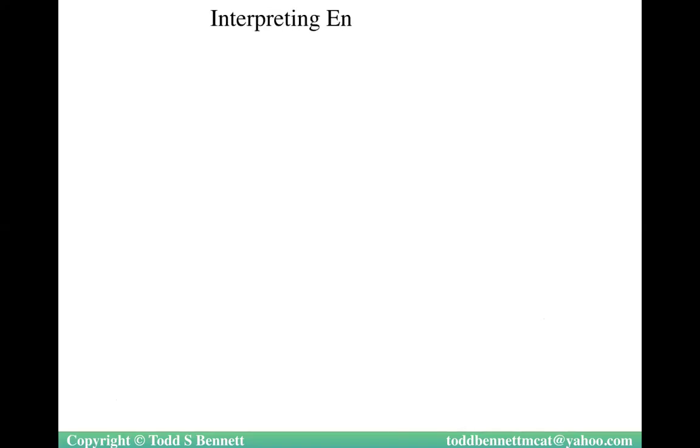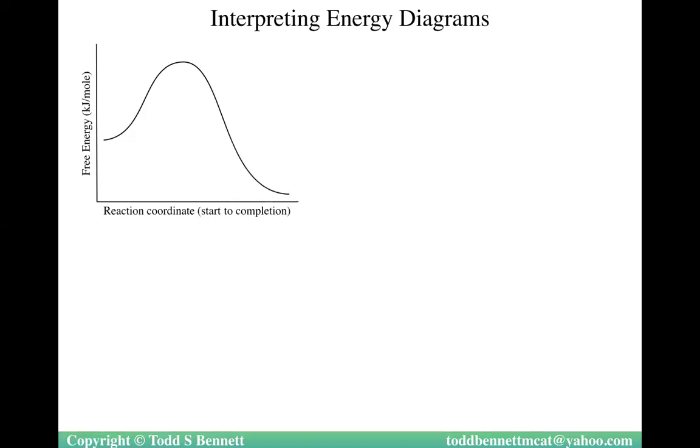Okay. So interpreting energy diagrams, there's a lot to these. For free energy, you can do this axis. I'm going to do delta G this time, and then reaction coordinate, start to completion. Again, this is your kinetic, your activation energy aspect, and this is your free energy change.